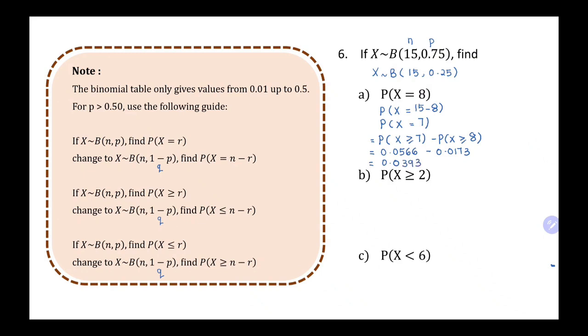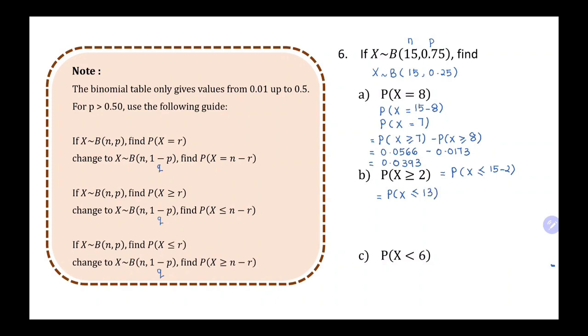Next question, we want to find P(x greater than or equals to 2). P(x greater than or equals to 2), we need to change becomes P(x less than or equals to). Kita perlu ubah sign dia. So less than or equals to N minus R. So our N is 15 minus 2. Then we get P(x less than or equals to 13).